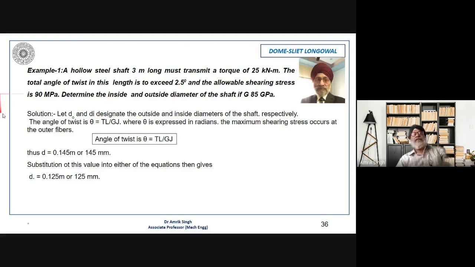That is also given. So one relation is with the shear stress and the other relation is with the angle of twist. So we can put the value of J, and solving this we can get the value of D as this. So substituting this value, we will get the smaller value as 125.